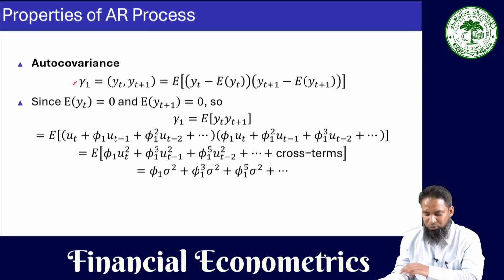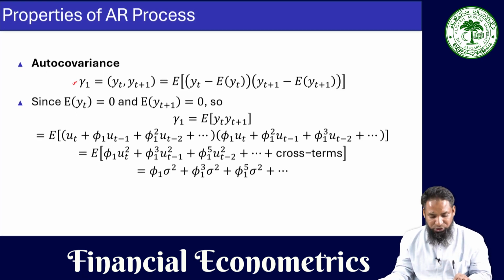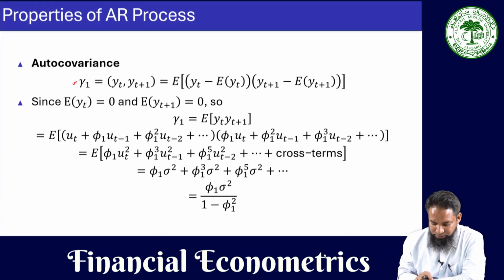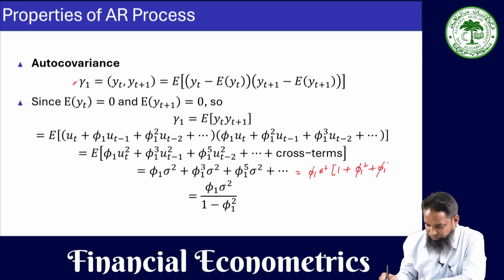Again, the expectation of the cross terms will be 0, and the expectation of the square terms will be sigma square. So we can write phi 1 sigma square plus phi 1 cube sigma square and so on. Here we can take phi 1 and sigma square as common, so that it remains 1 plus phi 1 square plus phi 1 to the power 4, and so on.